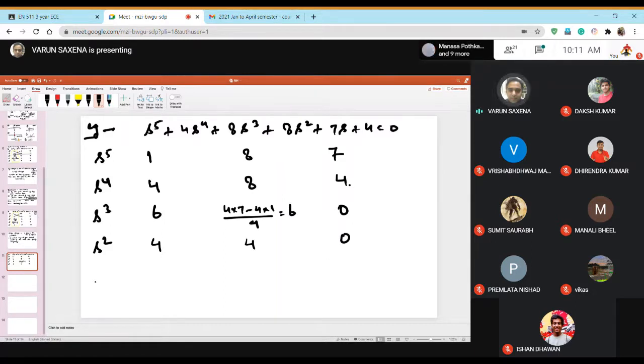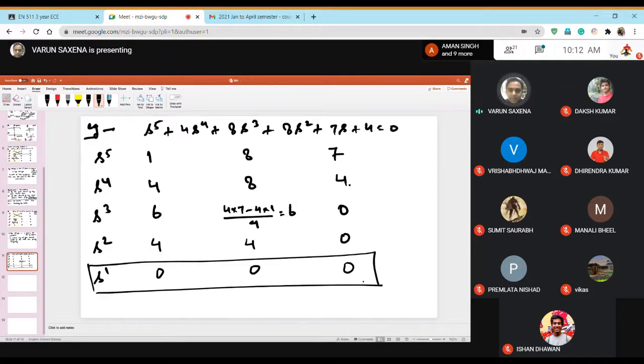Now, when you come to s^1, then 4 times 6 minus 4 times 6 divided by 4 is 0. 4 times 0 minus 0 times 6 divided by 4 is again 0. And then you have again 0. So now you have a problem here. You cannot proceed further. You have all elements equal to 0. Okay. So what do we do?